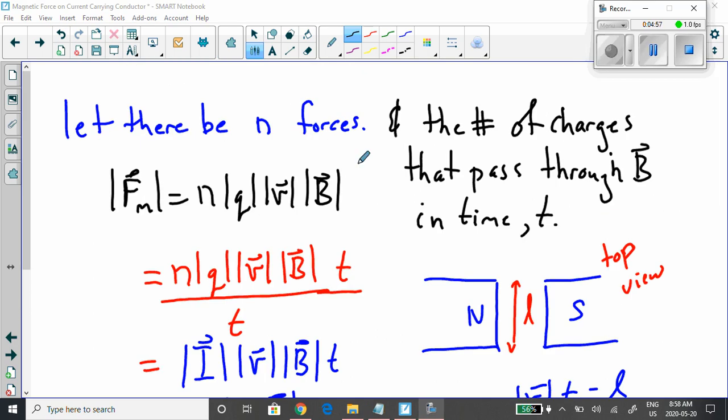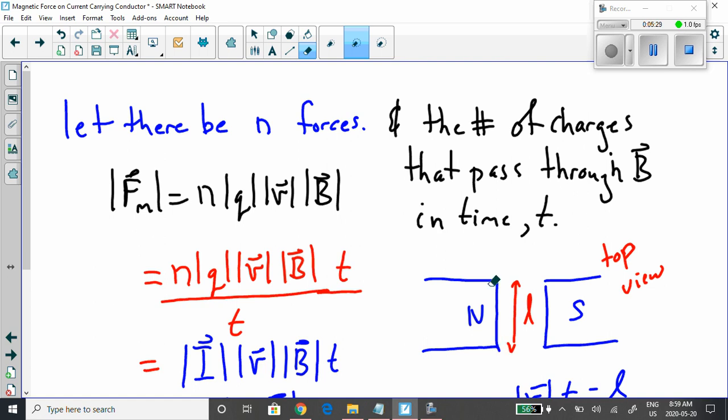All right, let's continue with our discussion. And I'm going to have a let statement here. Let there be n charges, the number of charges that pass through B in time t. So what we're saying here is in a certain amount of time t, let n charged particles flow through here. Flow through where?